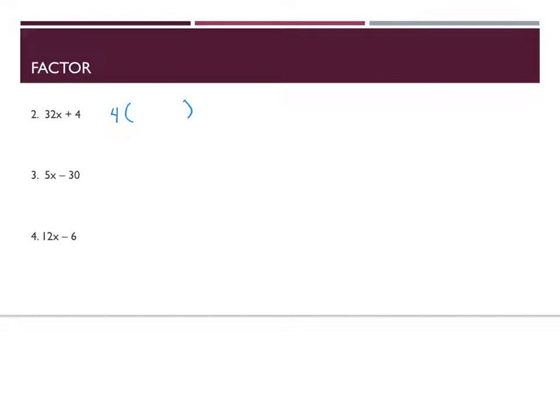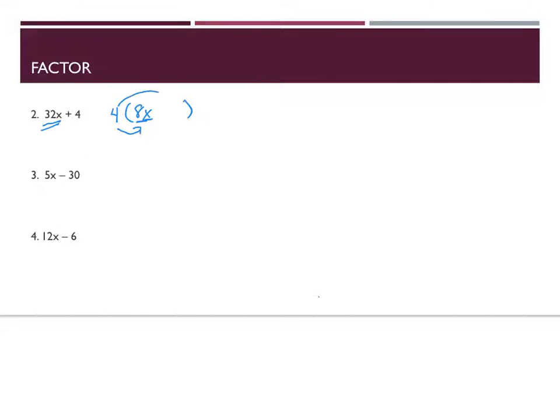Now I need to know what goes here. 4 times whatever's here has to equal 32x. So 4 times 8 is 32, and I need to keep the x to make sure that when I multiply, I get the x back in my final term.